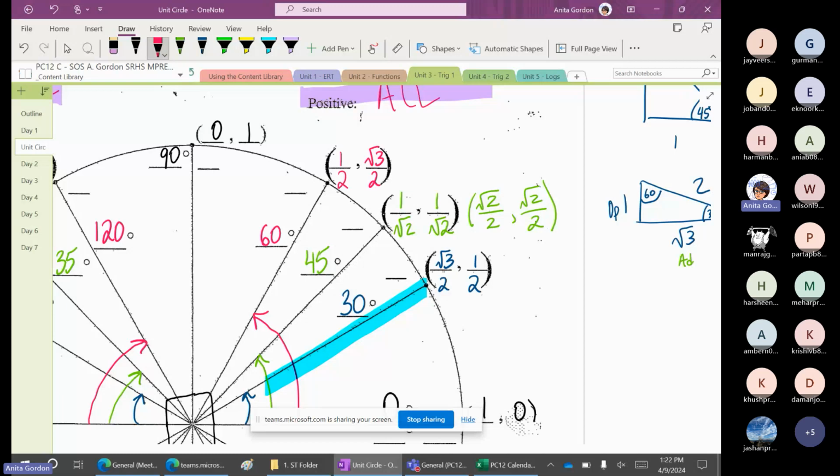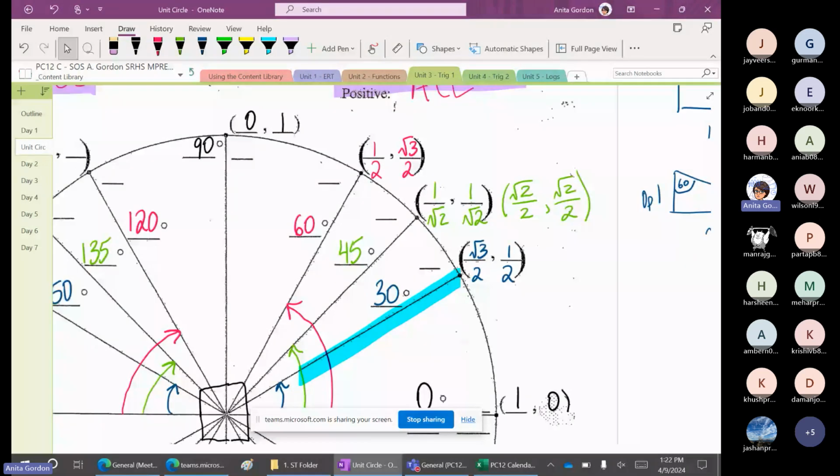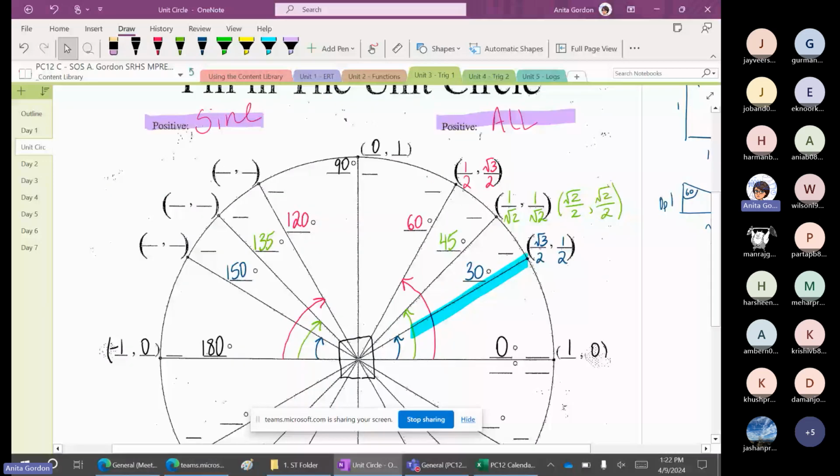Now, I'm not going to keep doing this over and over again. I'm going to use the idea of symmetry. For 30 degrees, I can use it as a reference angle. When I go to quadrant 2, you'll notice I have identified where the 30-degree angle is. It's at 150, because 180 minus 150 is 30 degrees.